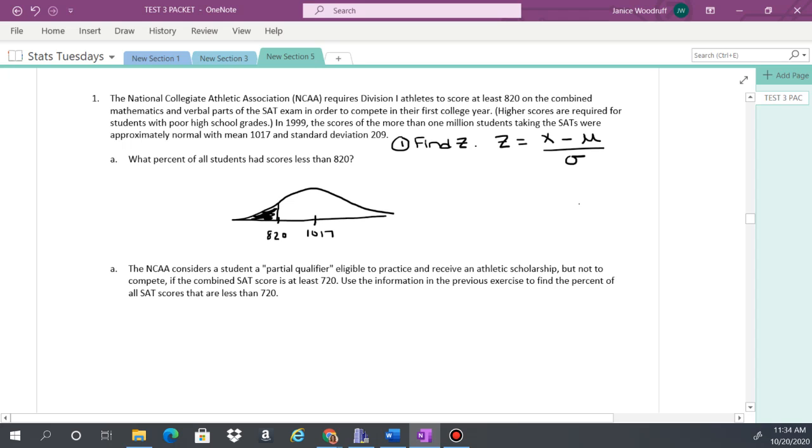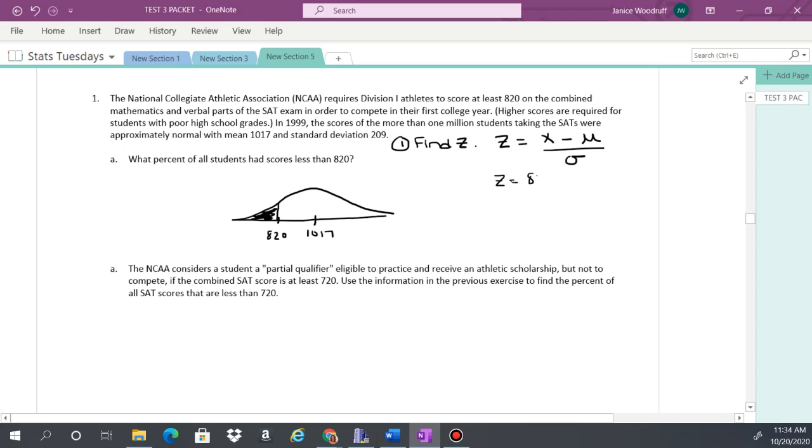If they give the percent, they're giving you the area under the curve, and that's the inverse norm. So that's the difference there. If they're asking for the percent, it's normal CDF. If they're giving you the percent, then it's inverse norm. And that's why it helps to draw it out. Are they giving you the bottom of the curve, like they did here, or are they giving you inside of it? So here you're going to get your z-score.